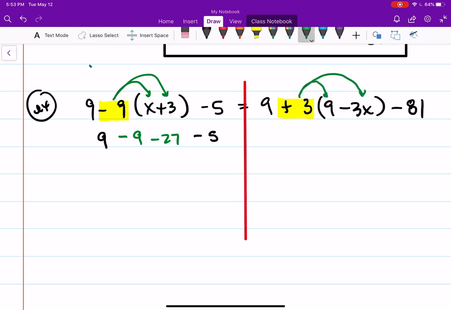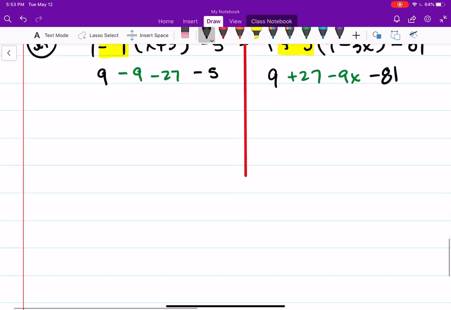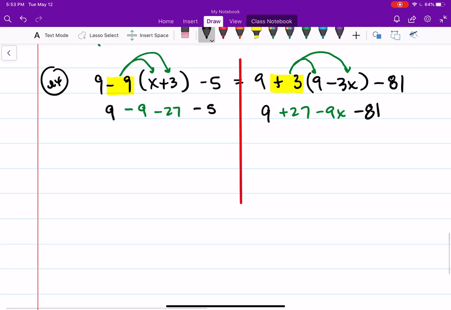And then over here on this side, I'm going to have 9 plus 27 minus 9x minus 81. Okay. All right. So I got rid of the parentheses.